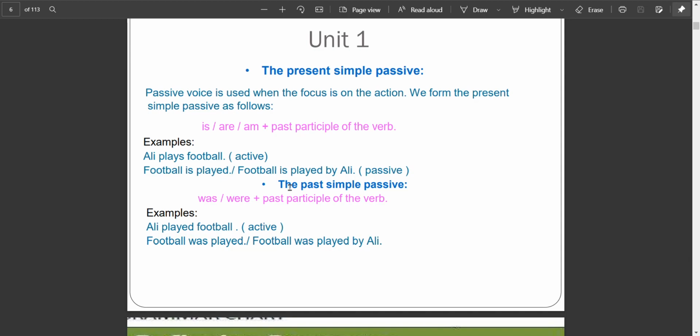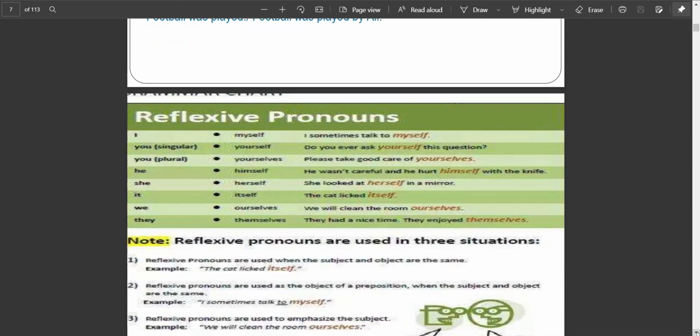Active. And then we say football was played by Ali. Right? Football was played by Ali. استخدمنا was لأنه هذا أولا مفرد singular and then it is past simple. Right? ماضي.